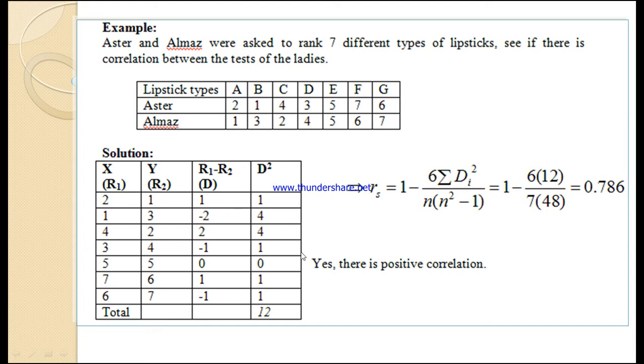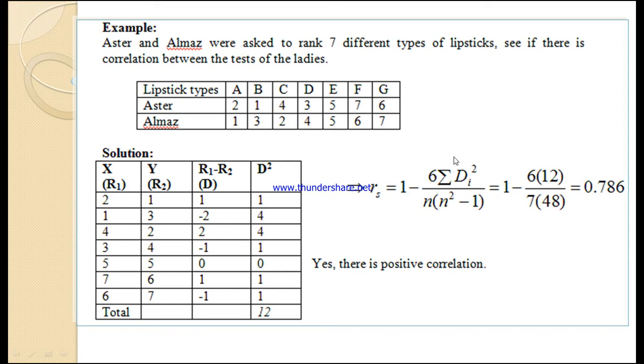The final formula that we will apply in order to compute the correlation coefficient of the tests of these 2 ladies is 1 minus 6 times the sum of d squared over n times n squared minus 1.